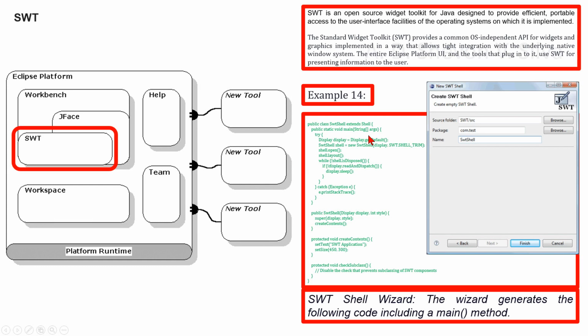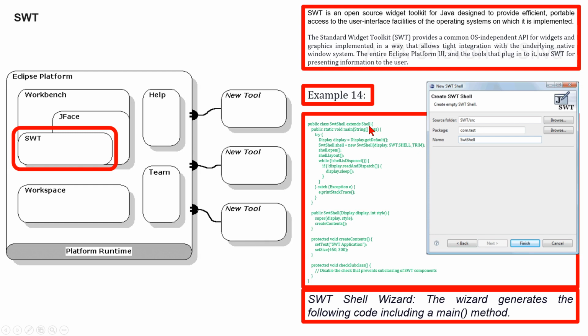org.eclipse.swt.widgets.shell class is the default superclass. The wizard generates the following code, including the main method. When editing SWT shells, all of the standard SWT layouts, containers, widgets, and menus are available.